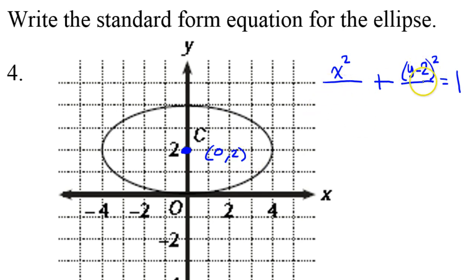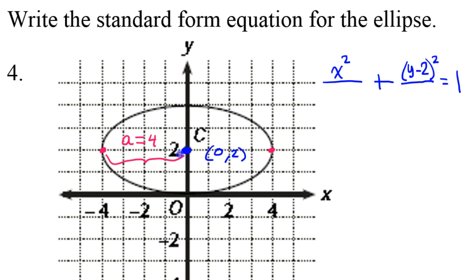Now, how about these denominators, a squared and b squared? Well, the a value and the b value are the distances to the vertices and the co-vertices. So these are the vertices. Notice that the distance here is 4. So that tells me that the a value is equal to 4.